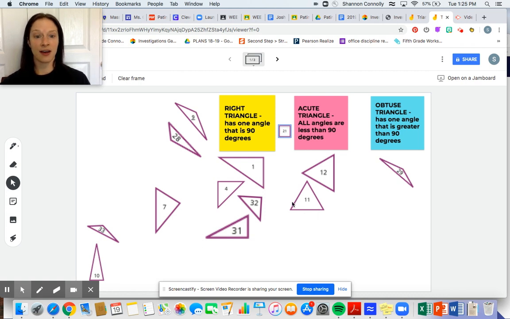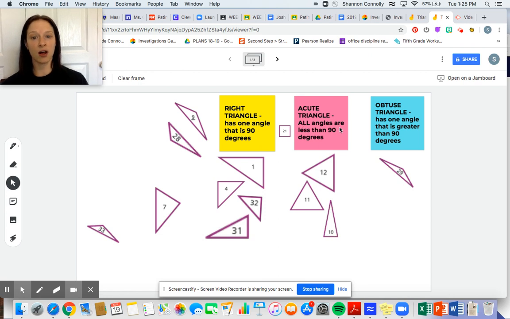So I know that I have an acute triangle here. Okay, I'm going to grab triangle 10, and I can clearly tell that it has all three angles that are less than 90 degrees. So less than 90, less than 90, less than 90. And when all angles are less than 90 degrees, I have an acute triangle.